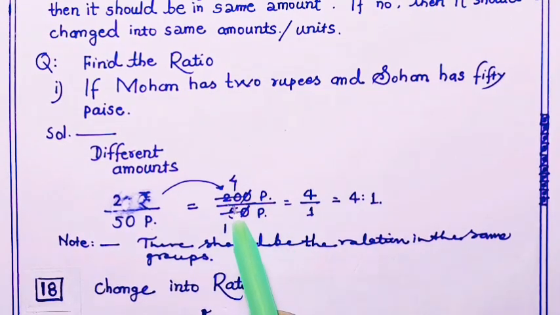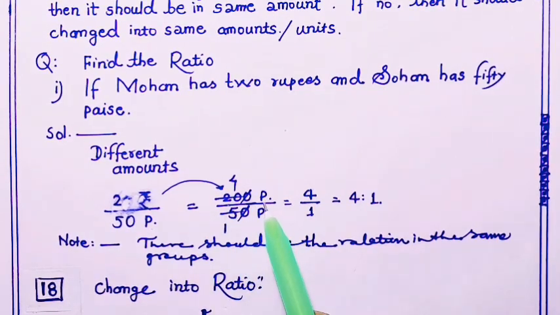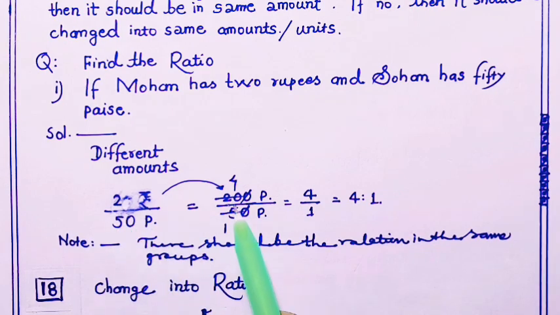So 200 p, it means paisa, and 2 rupees means 200 paise, and 50 paise, it is same.